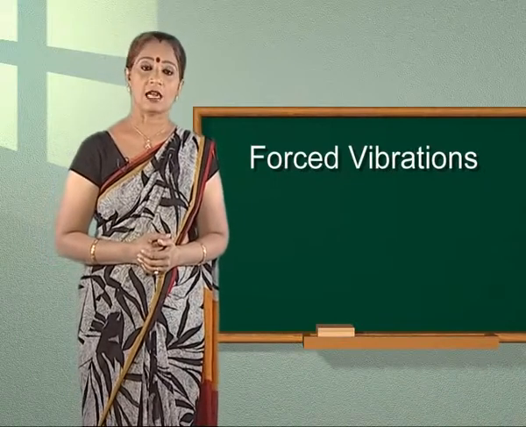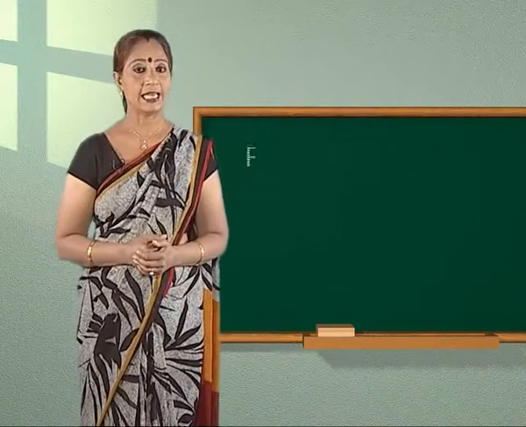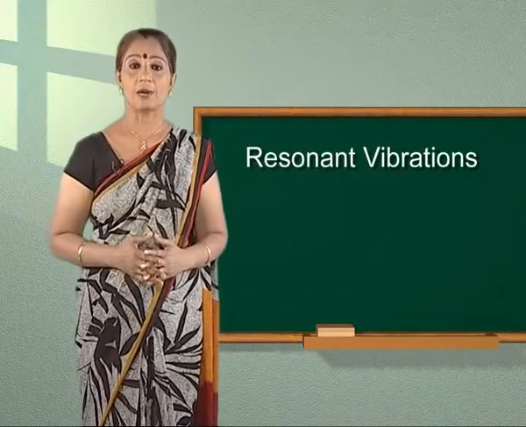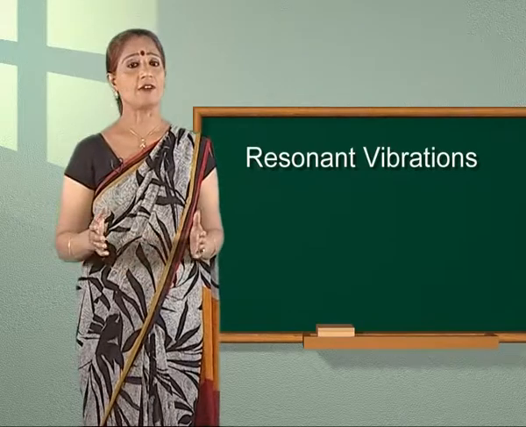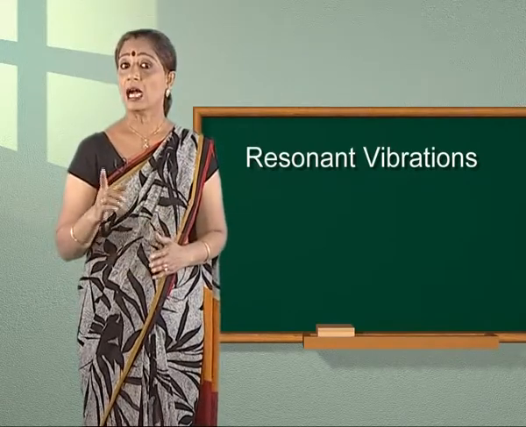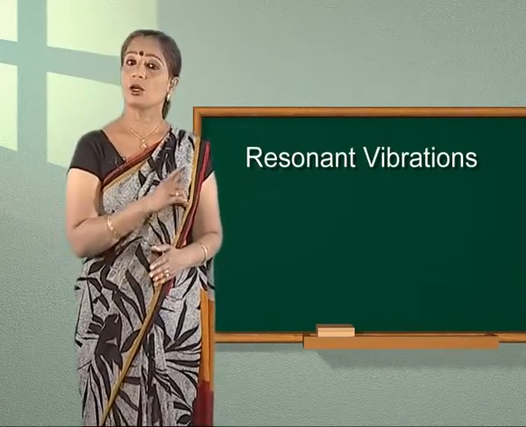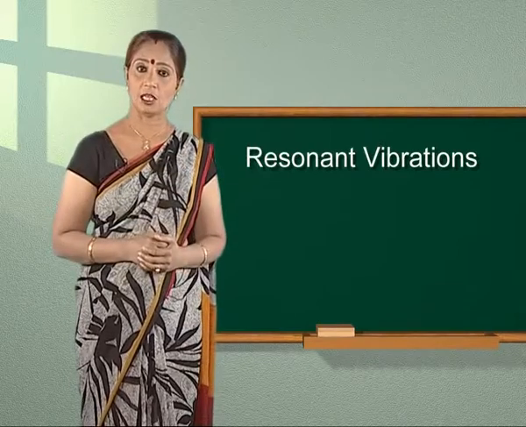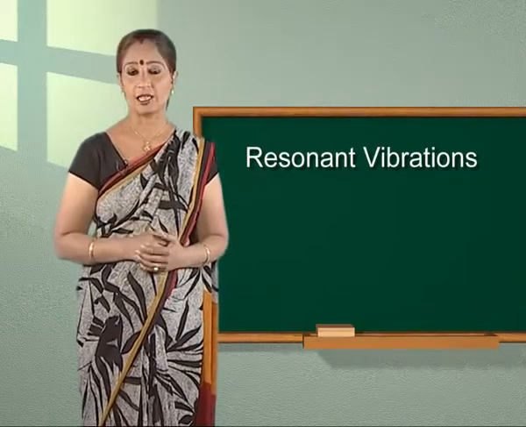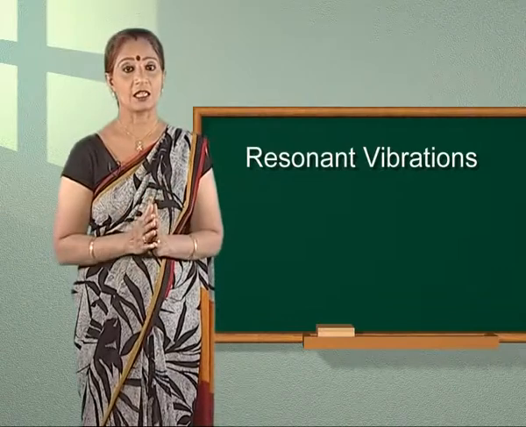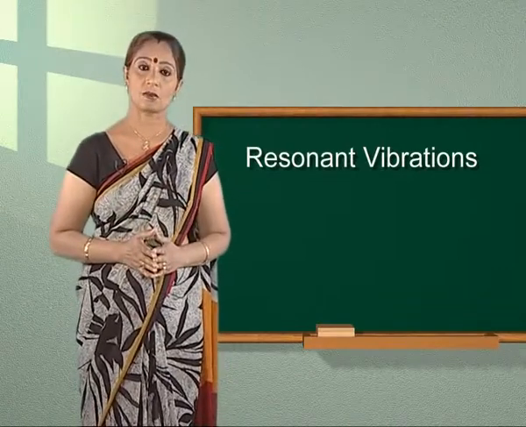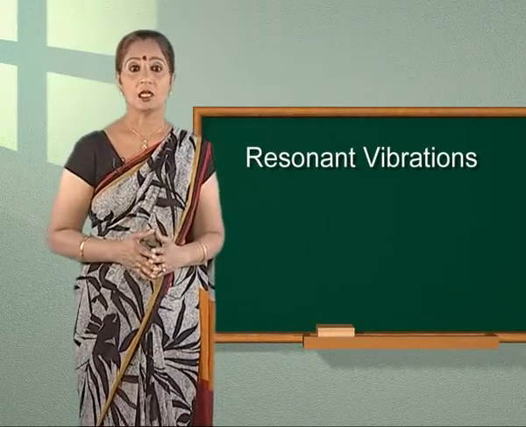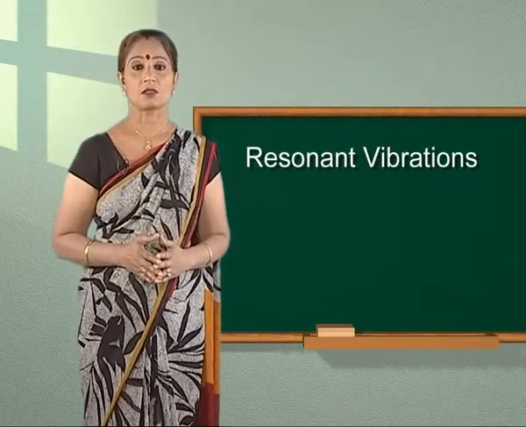The third type of vibrations is the resonant vibrations. Vibrations of a vibrating body under the influence of a second vibrating body of same frequency kept near it are called resonant vibrations. The phenomenon is called resonance.